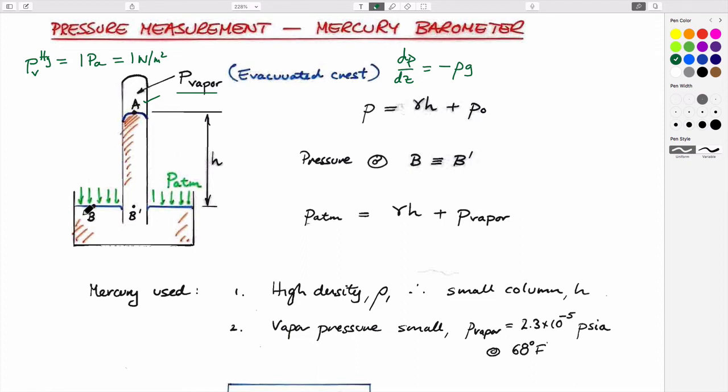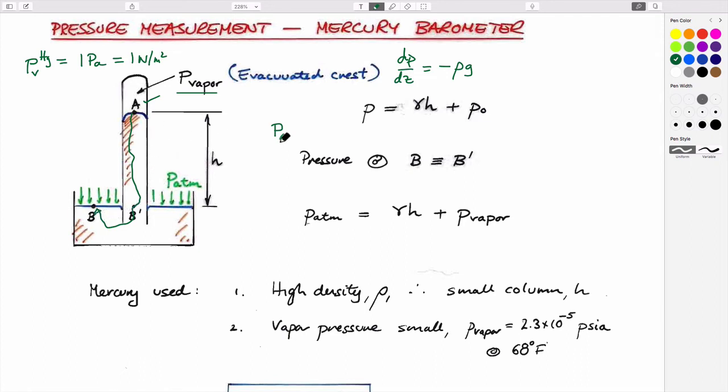And so what we can do is use the manometer equation. We'll use this throughout. Don't worry about the rest of the wording on this page. We'll take the pressure at point A, and we'll work our way through the system to get ultimately to the place where we want to define the pressure.